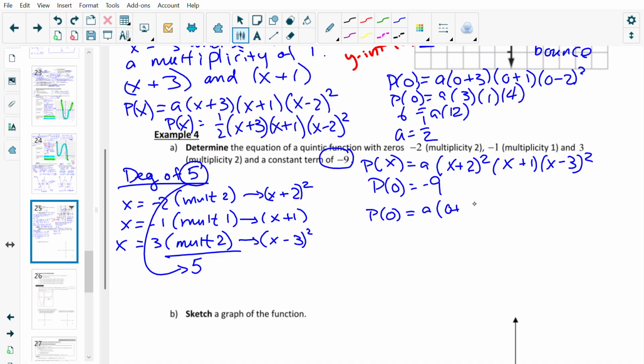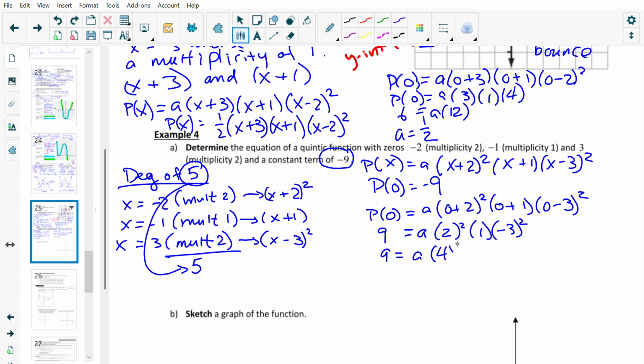So if I put in P of 0 equals a times 0 plus 2 squared times 0 plus 1 times 0 minus 3 squared. Let's put in 9 here for P of 0. And let's evaluate. And I have 1/4 equals a.